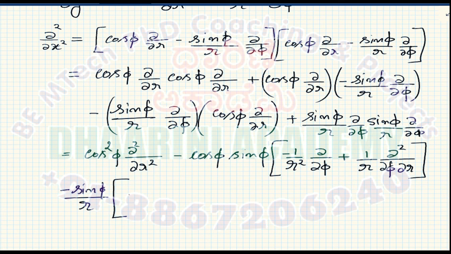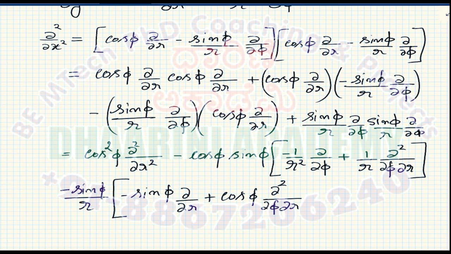So cos phi gives minus sin phi, into the second term as it is, dou by dou r. And in the next term, keep the cos phi as it is. So that is plus cos phi into, applying the same rule, dou by dou phi into dou by dou r, I'm going to get a very similar term, which is dou square divided by dou phi dou r.